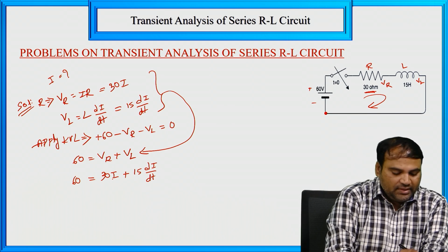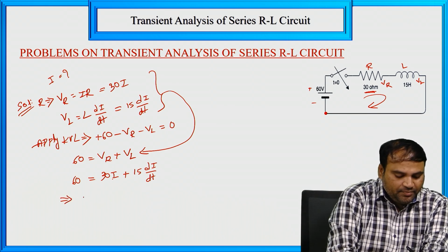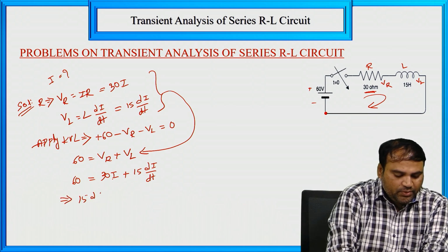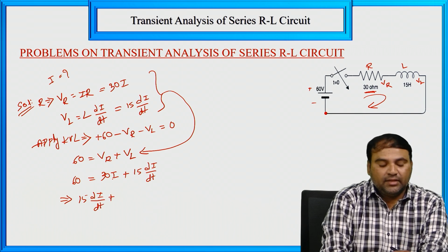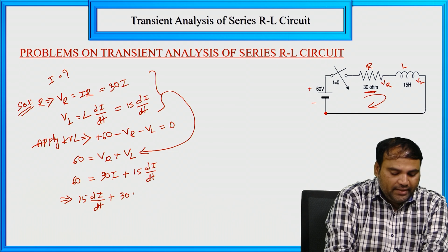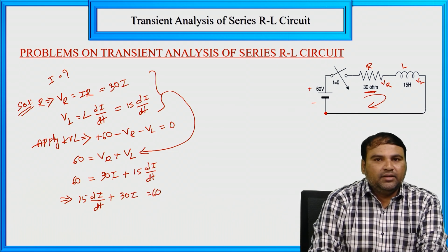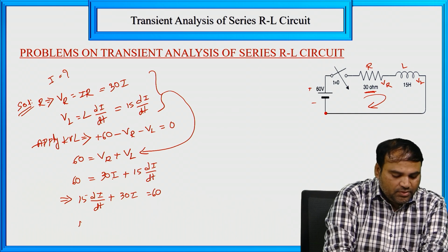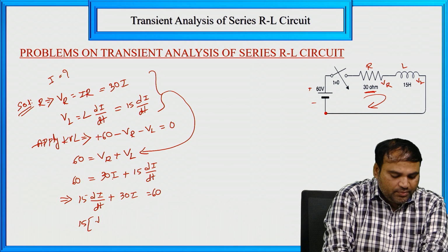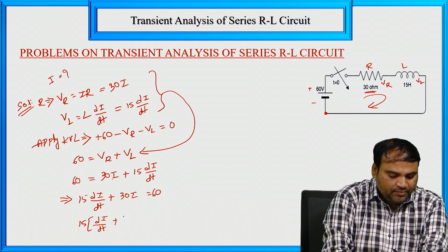Writing this equation as 15 into di divided by dt plus 30 into I equal to 60. Now take 15 as a common term: 15 into di by dt plus 2 into I equal to 60.